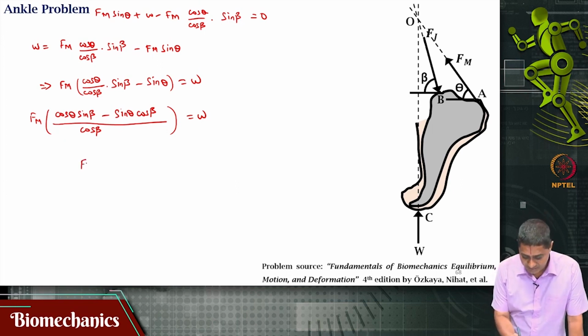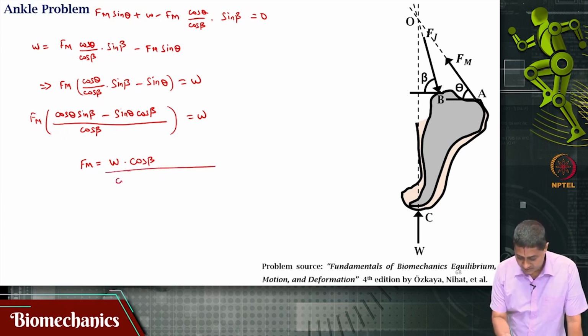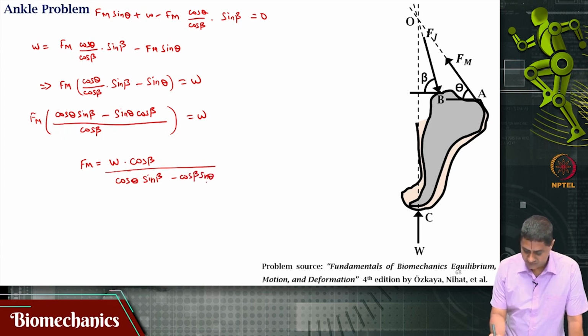So, Fm is equal to W times cos beta divided by cos theta sin beta minus cos beta sin theta, is it not?